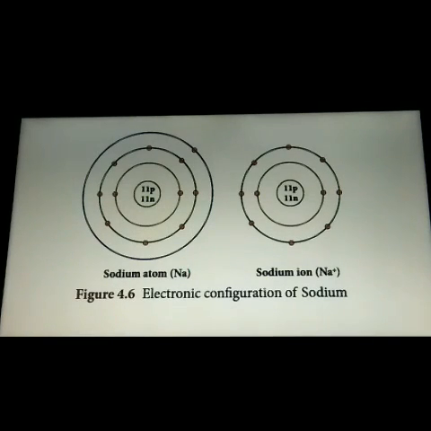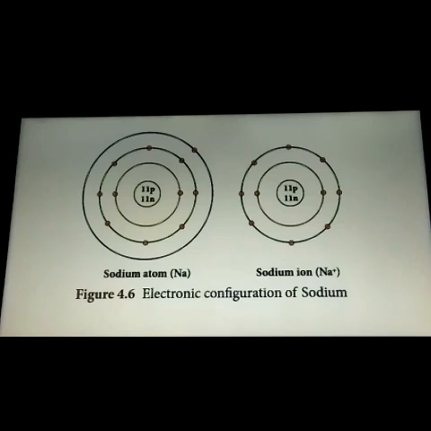If you see here in this picture, it is the element sodium. The atomic number of sodium is 11, and hence in the outermost shell you can see only one electron.